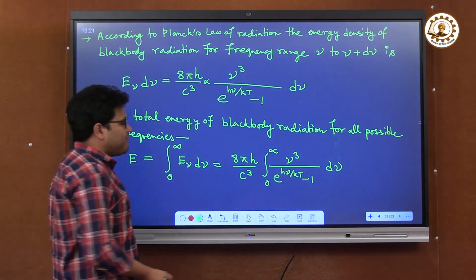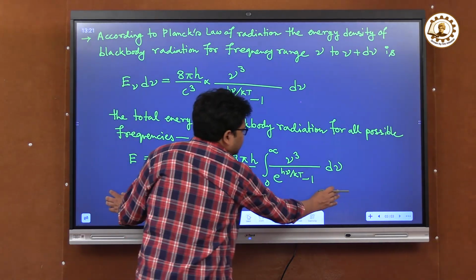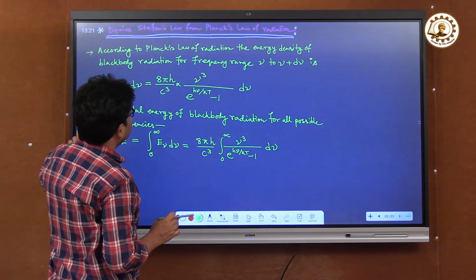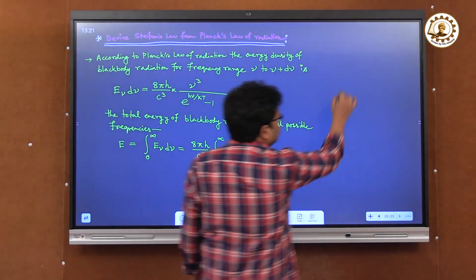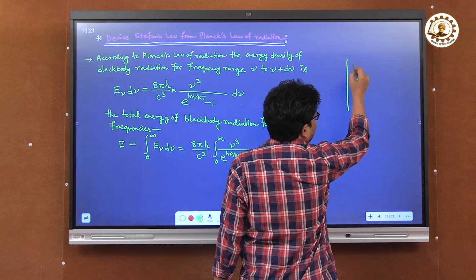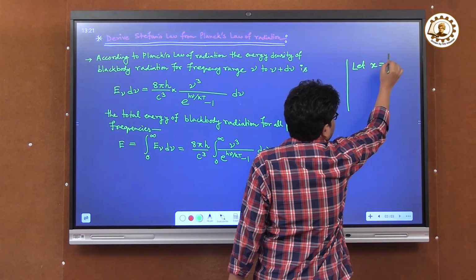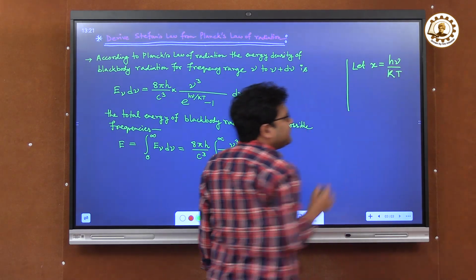So we need to evaluate this integral. To evaluate it, we are going to substitute h nu by kT by x. So here I am taking, let x equal h nu by kT.